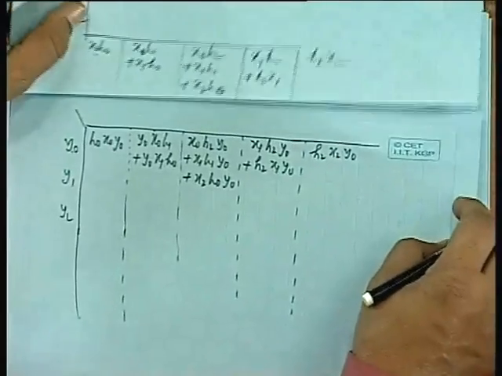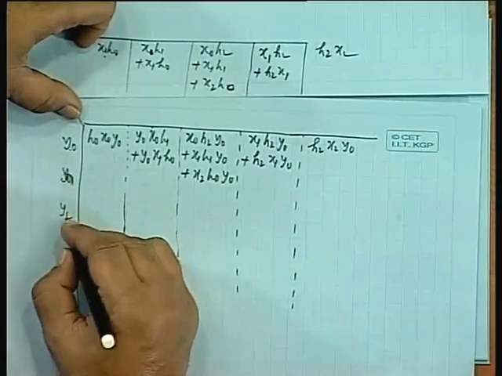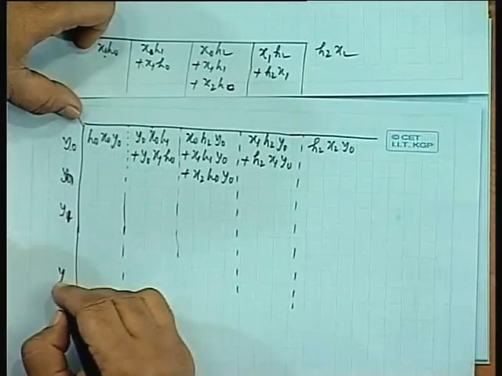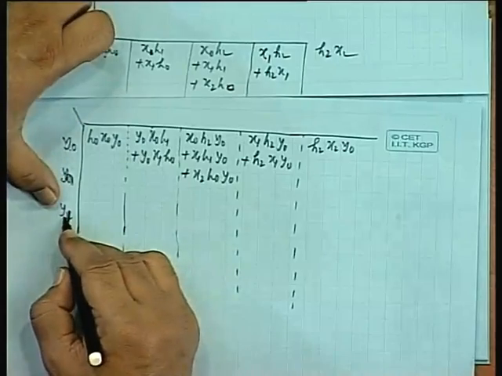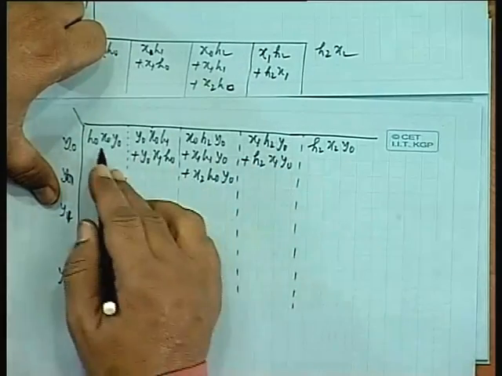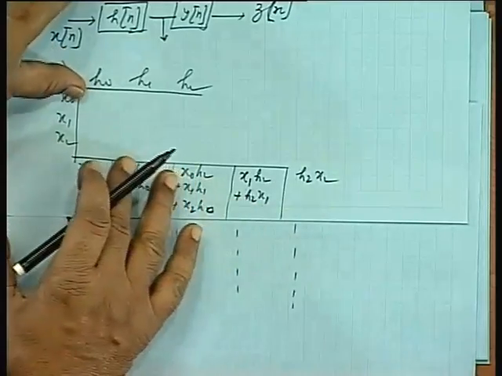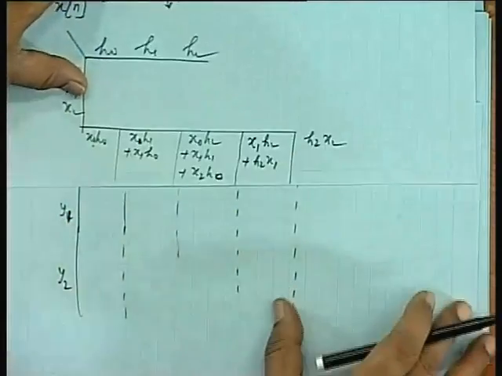Now, the same sequence, let me write with a little distance. Now, this gets multiplied by y1, this sequence gets multiplied by y1 and shifted by one step forward.